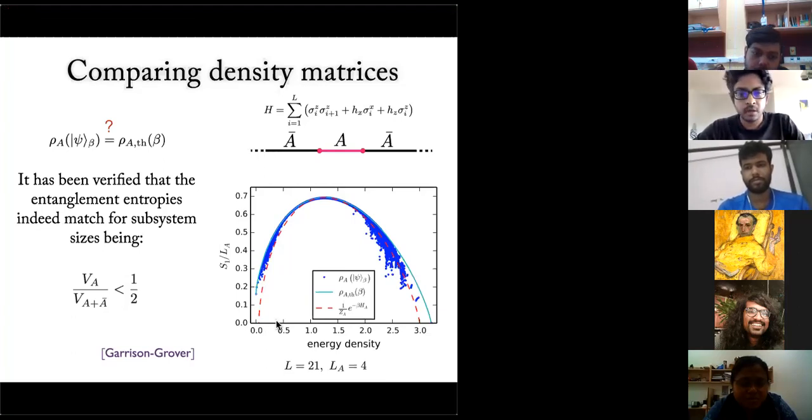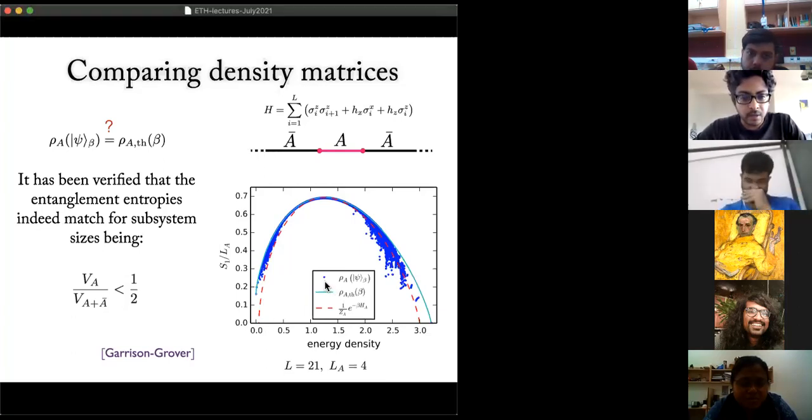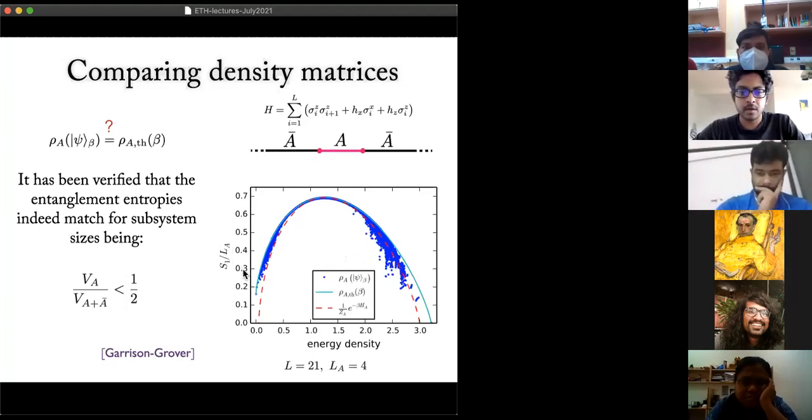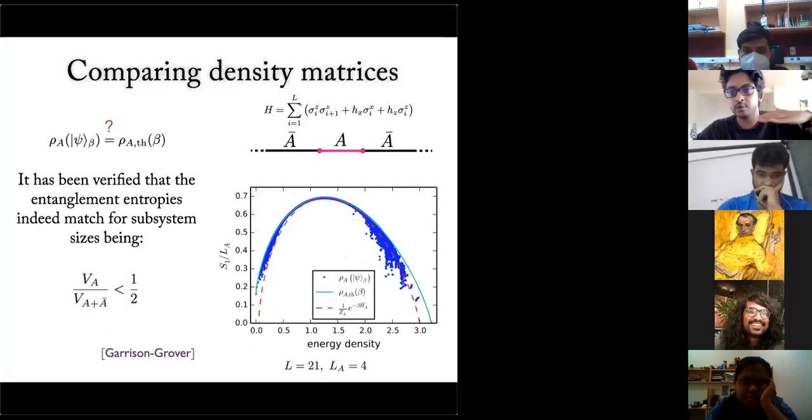The blue dots correspond to the entanglement entropy of a single excited eigenstate, and the green line is the entanglement entropy corresponding to the thermal state. It shows very good agreement, and this agreement holds for subsystem sizes less than or equal to half of the full system size.